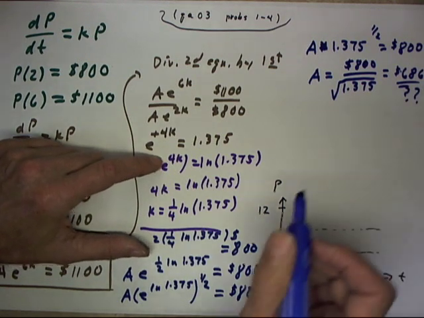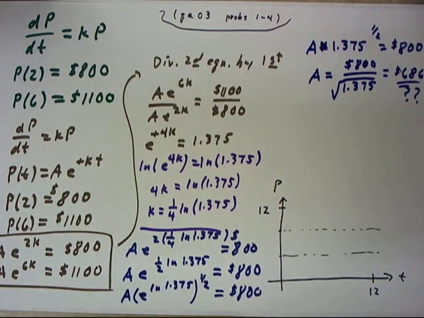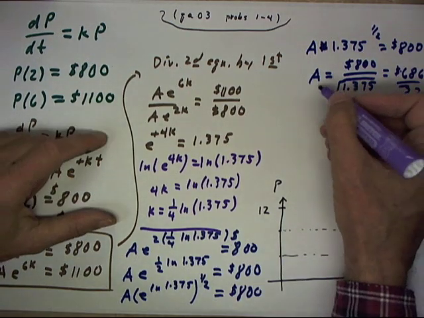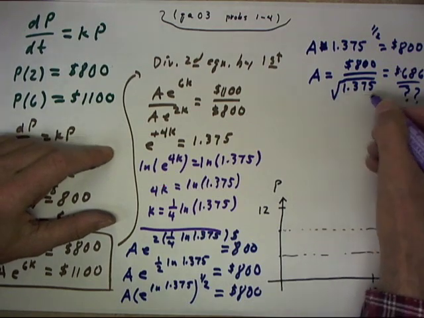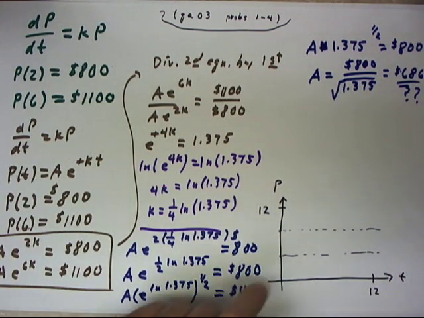You can figure that out with your calculator. So we've determined that A is about, if my approximation is correct, and I kind of doubt it, around $680 or something like that.